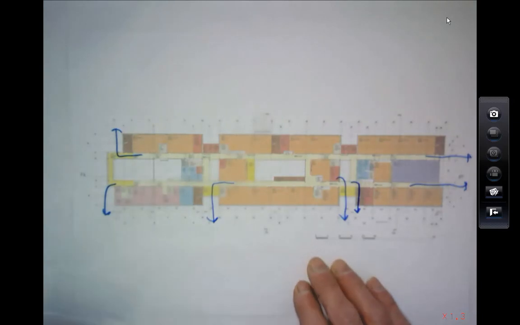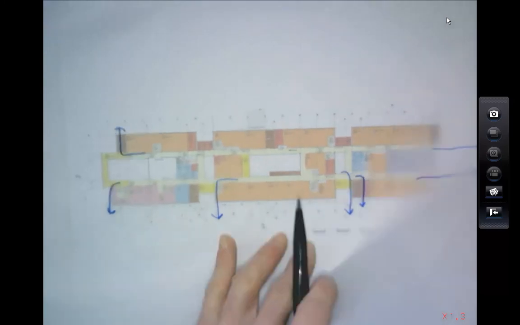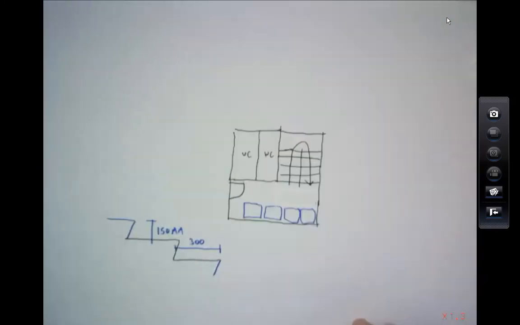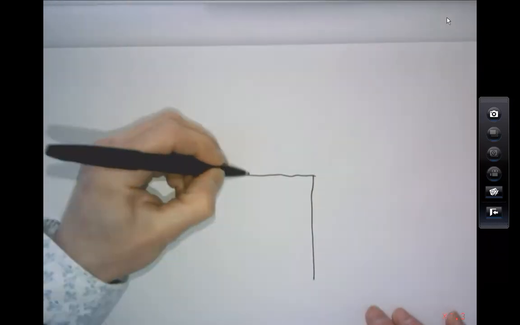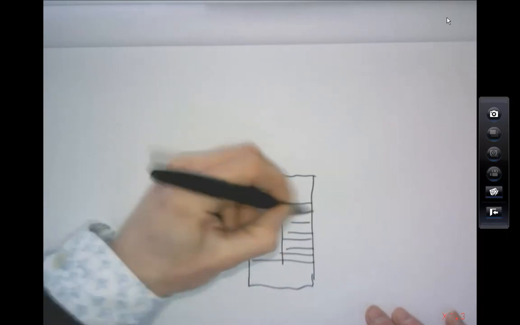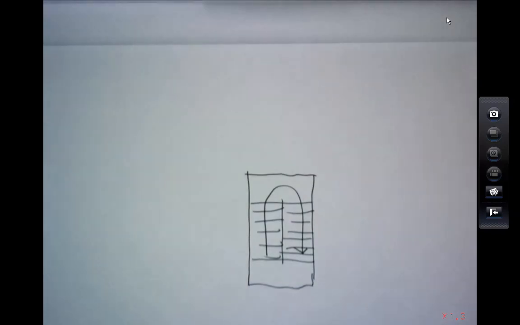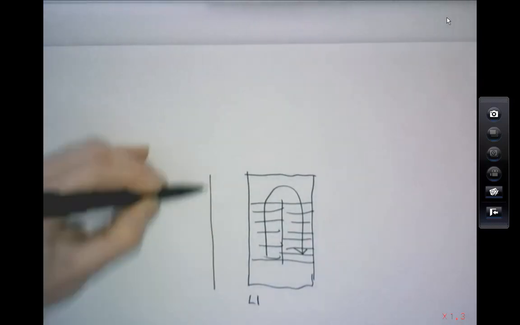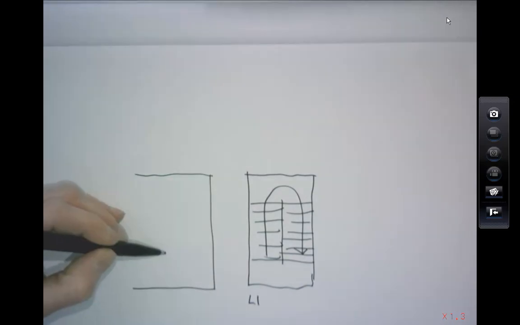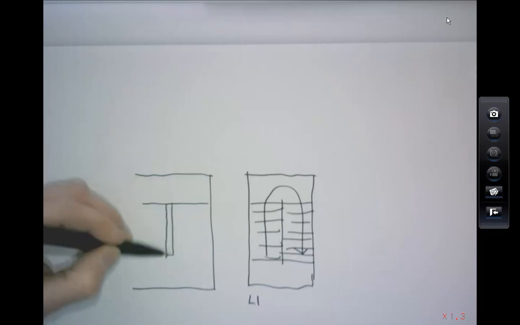Okay? Now, if I just draw that a bit bigger, the thing to remember is, on an upper level, there's a stair. Okay, that's level 1. When you get to level 0, when you get to ground, we're coming down that way.